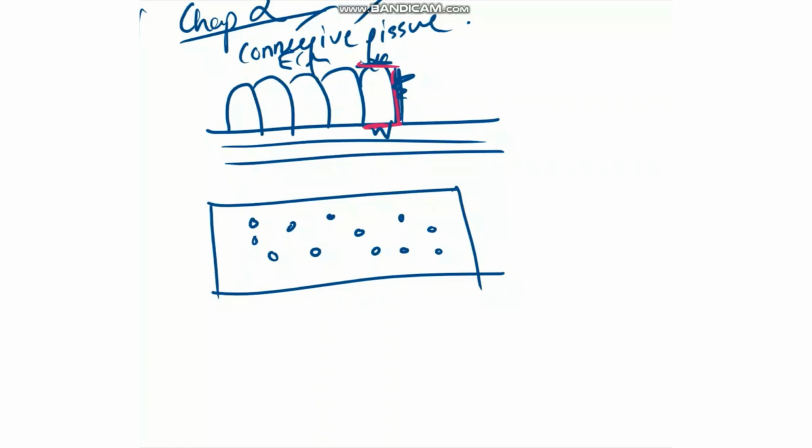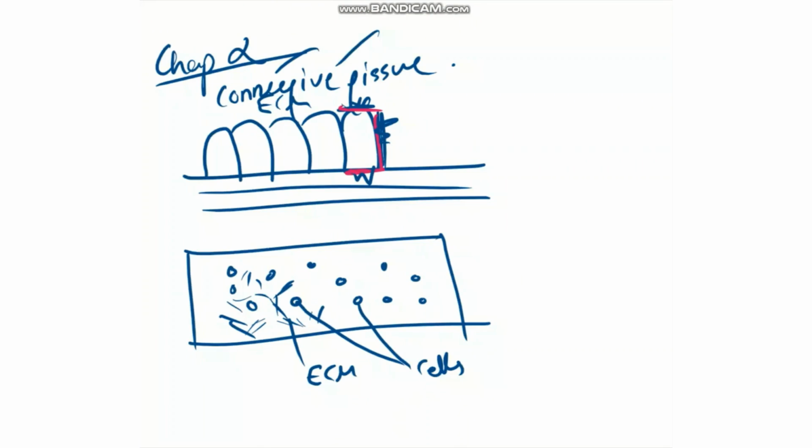They would just be stranded in a tissue and surrounded by the extracellular matrix. All right? So this would be your ECM, and these would be your groups of cells, and they would just exist like this. And this connective tissue would provide the function of connecting two specialized tissues together and facilitating them in their functions.